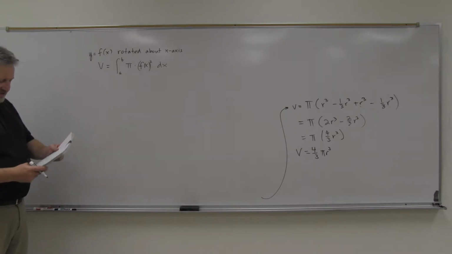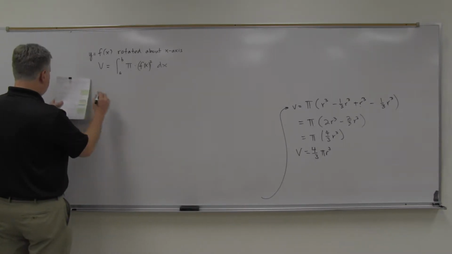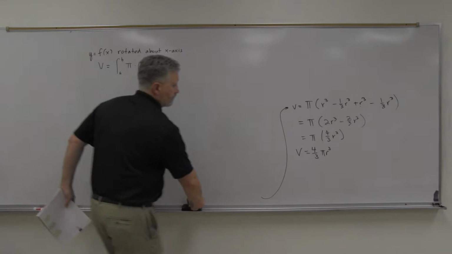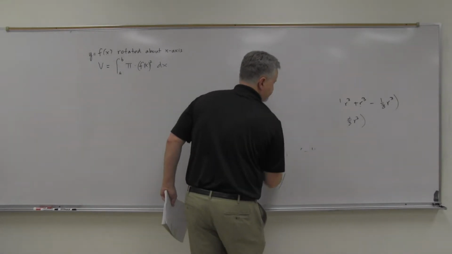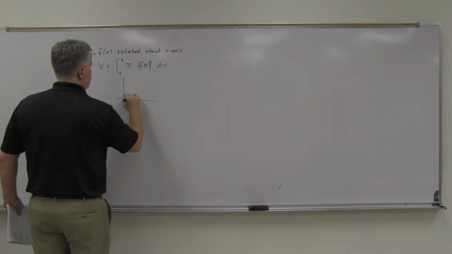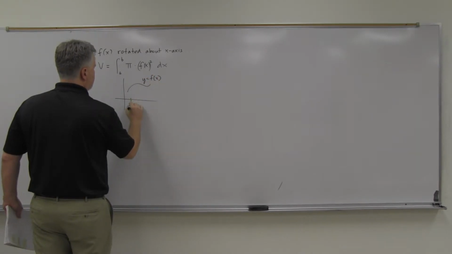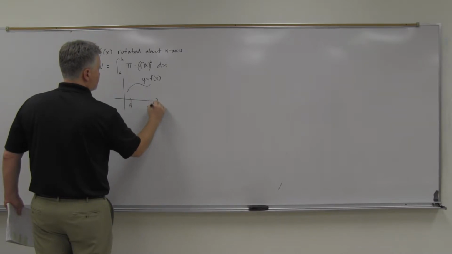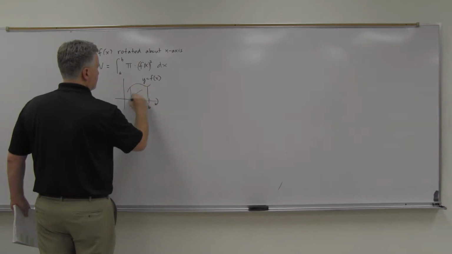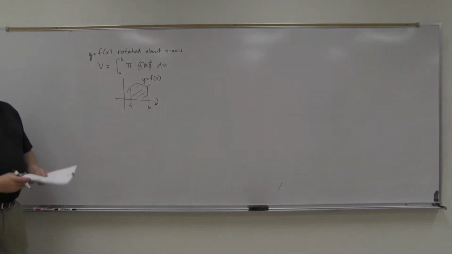So that's taking y equals f of x from a to b, rotated about the x-axis. And that'll give me that volume.